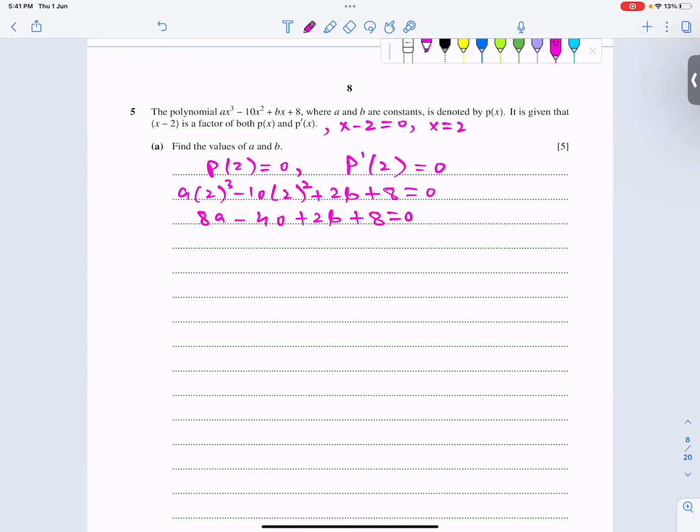And then 8a plus 2b and minus 40 minus 32 equal to 0. 8a plus 2b is equal to 32. You can divide it by 2. You will get 4a plus b is equal to 16. Okay, call it first equation.